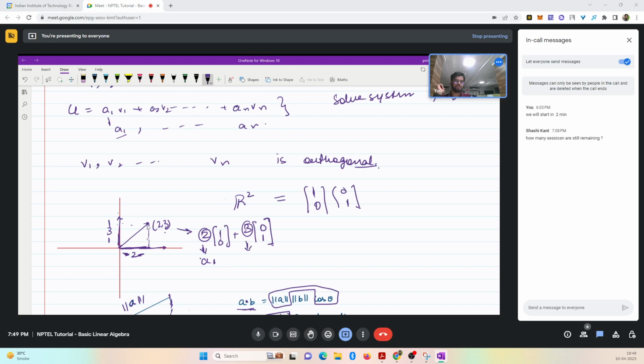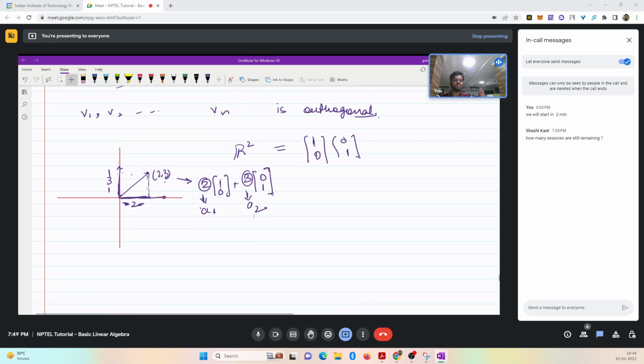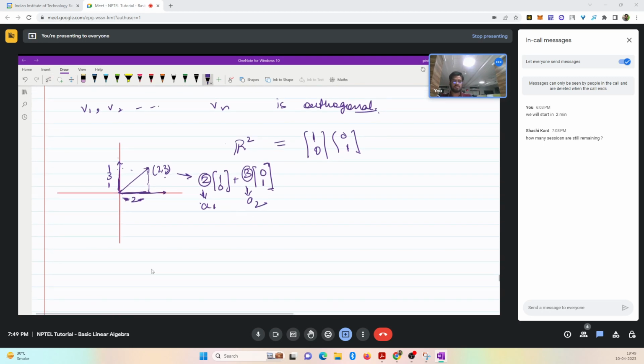When we looked at its projection on the second one, that came out to be the value of a2. What I am saying is, a similar thing will happen if we have an orthogonal basis for any arbitrary vector space. Let's say we have v1, v2, ..., vn, and these are orthogonal, that is, perpendicular to each other in some sense.